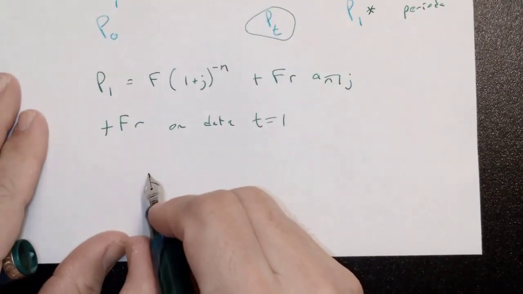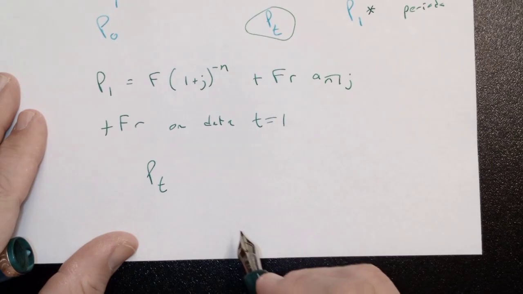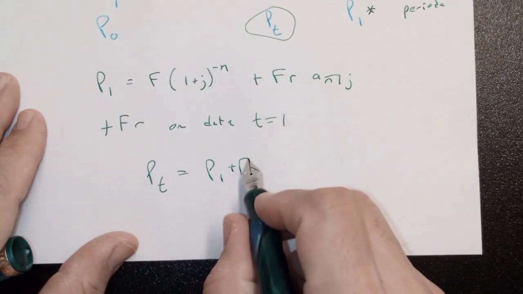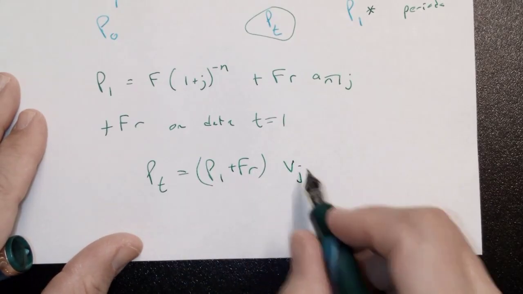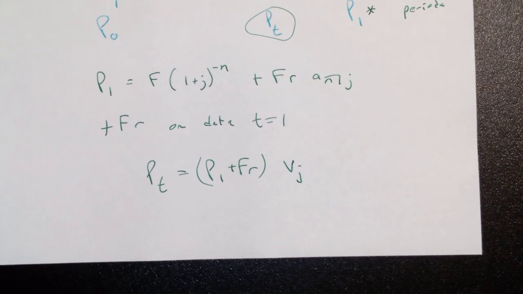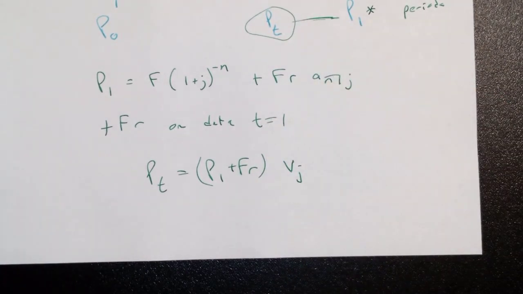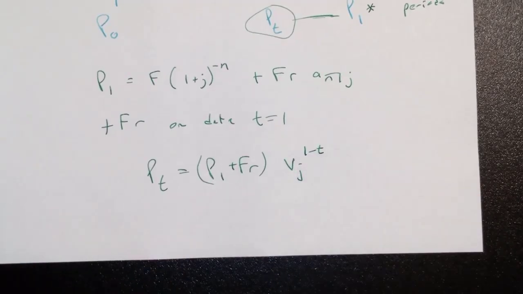So P_T is this amount, P_1 plus FR, brought back by the amount of time here. But that amount of time is a fraction of a period. It's no longer an integer.